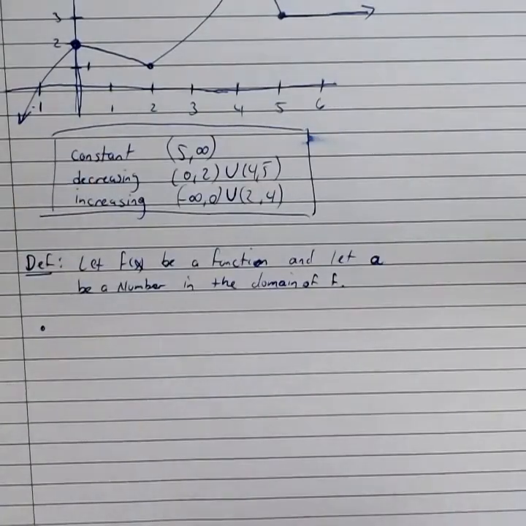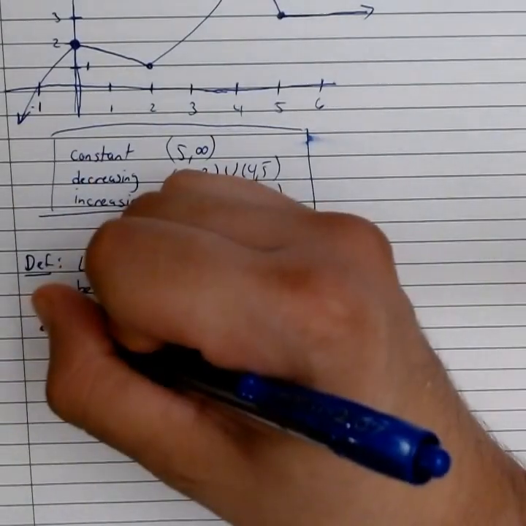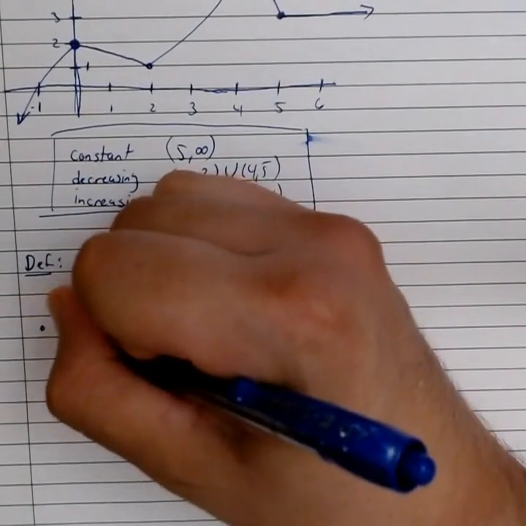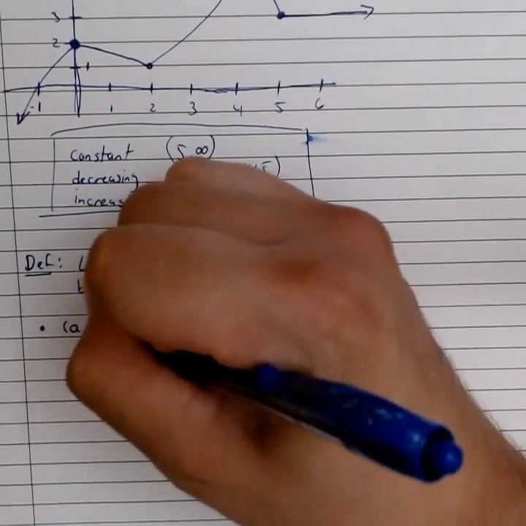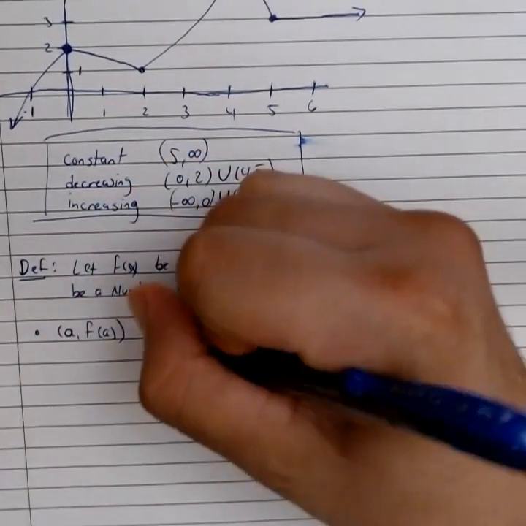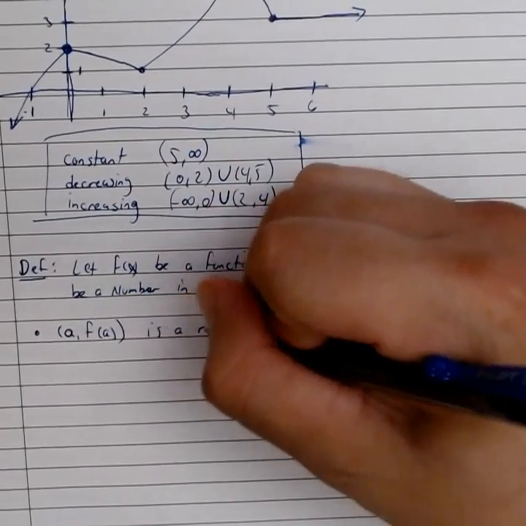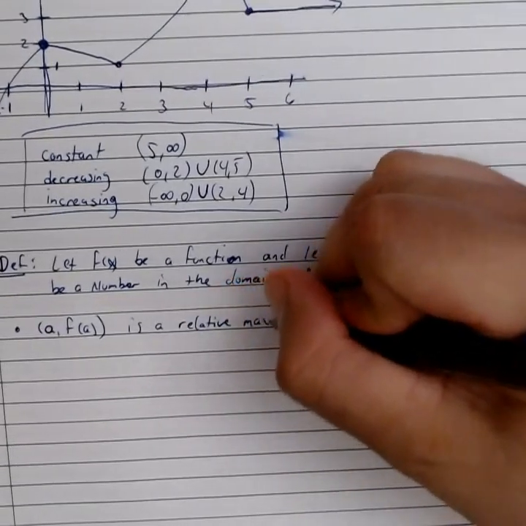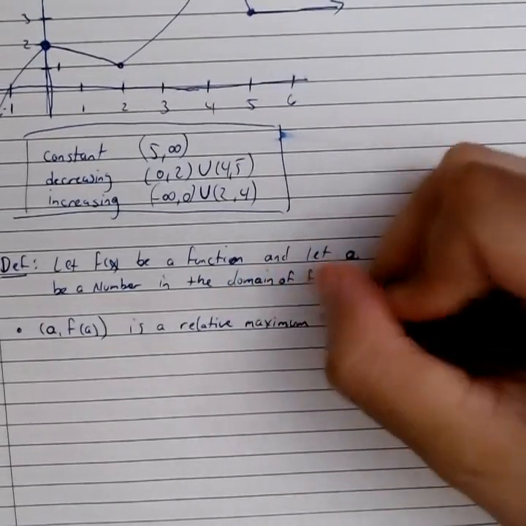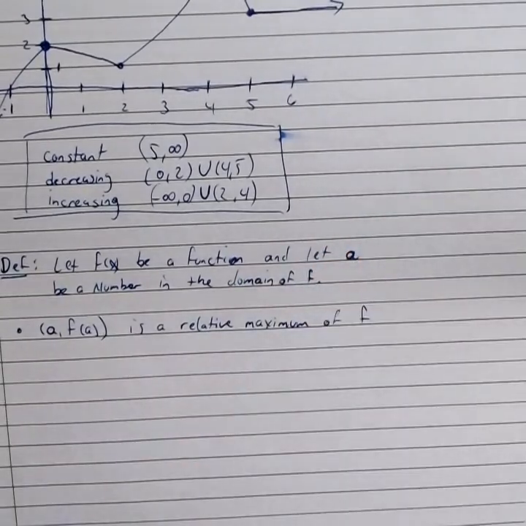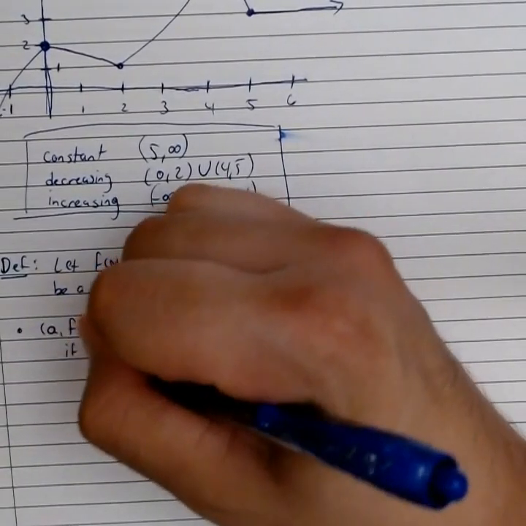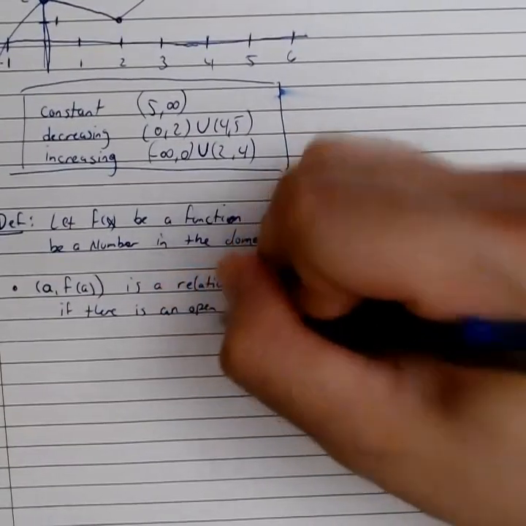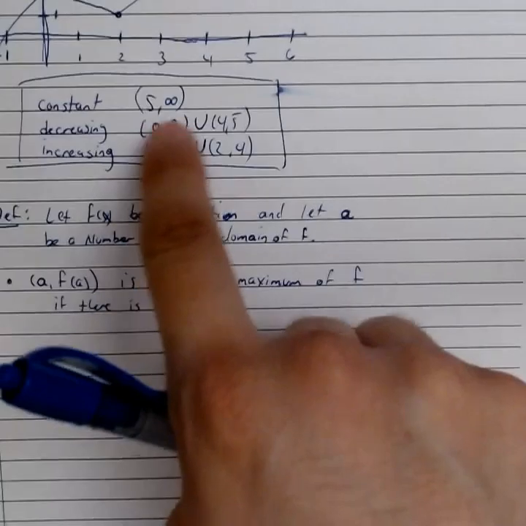Then we have a two-part definition here. A comma f of a is called a relative maximum of the function f if there is an open interval. And again, an open interval is just an interval that doesn't include the endpoints.